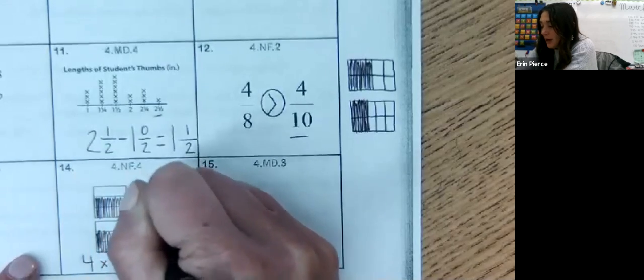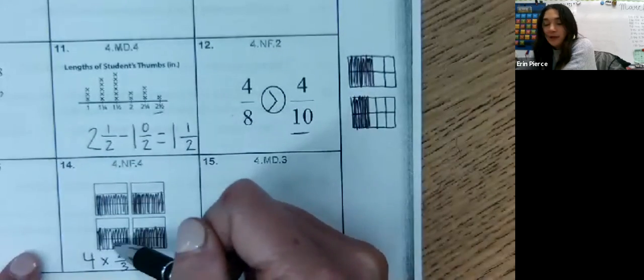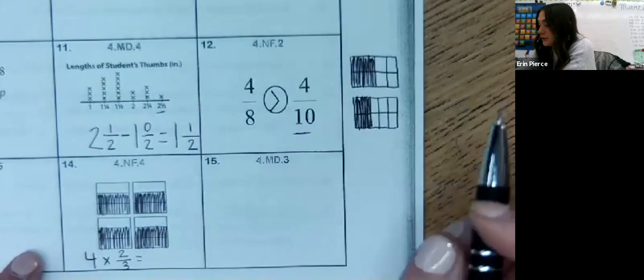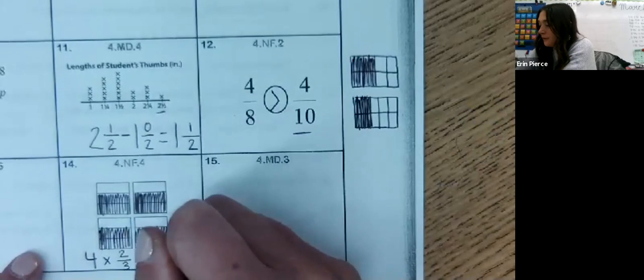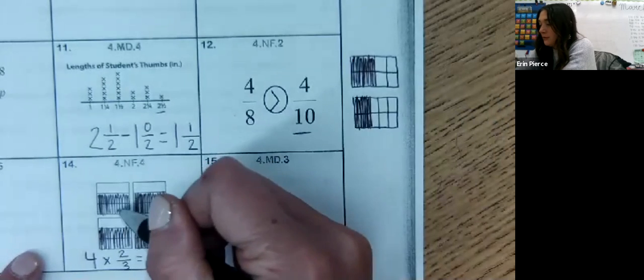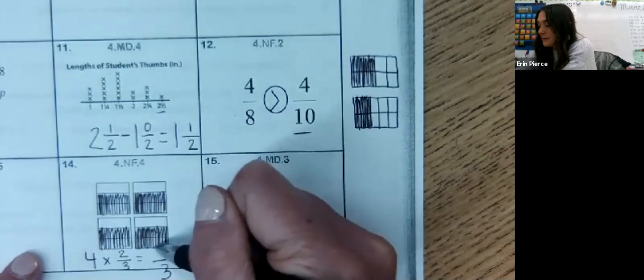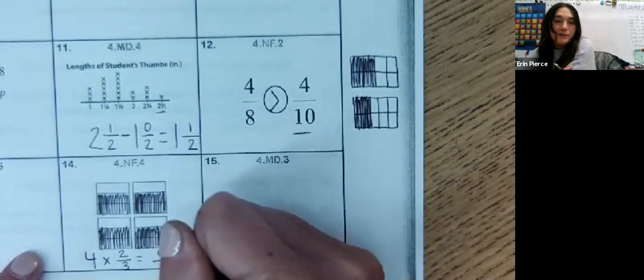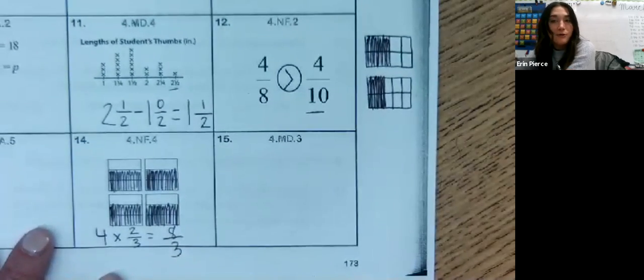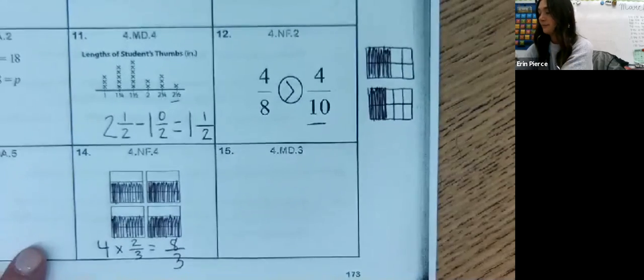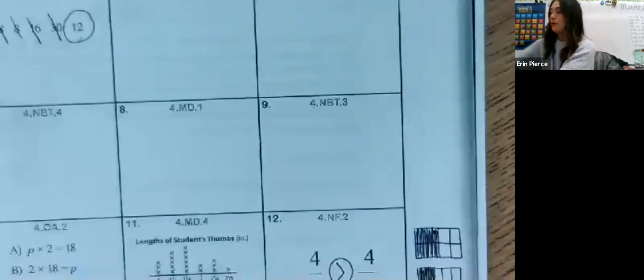And the fraction model means that I can go through and count the amount of thirds that are filled in. So I have 1, 2, 3, 4, 5, 6, 7, 8. It has to be thirds on the bottom because that's the unit we're working with.